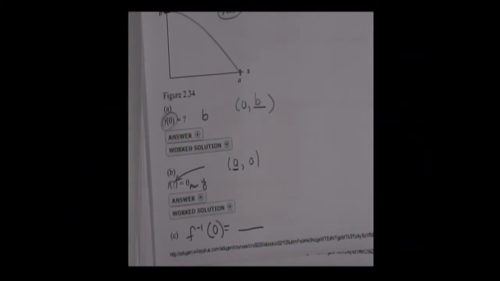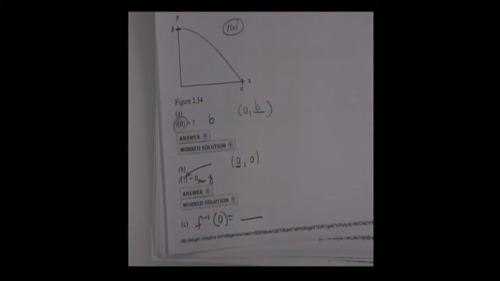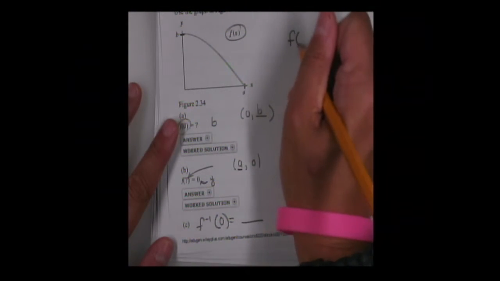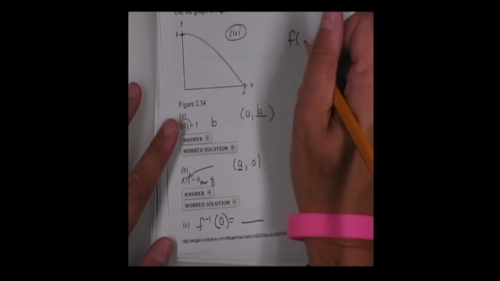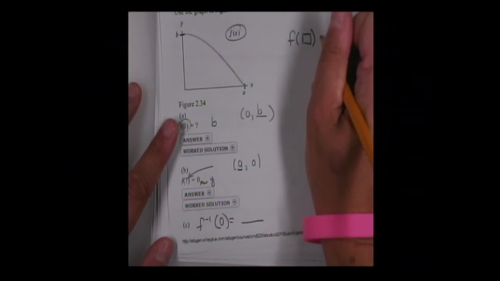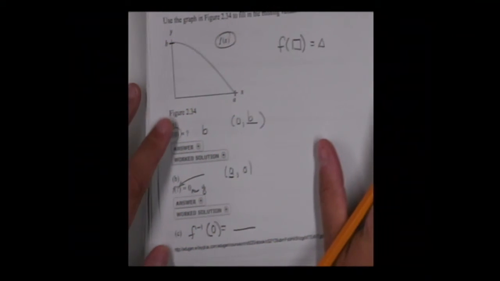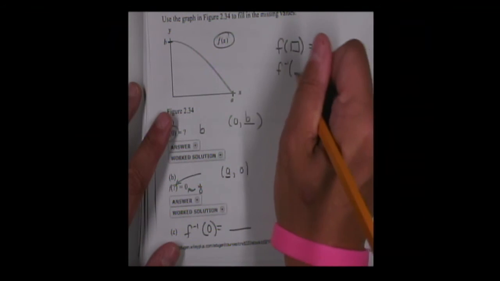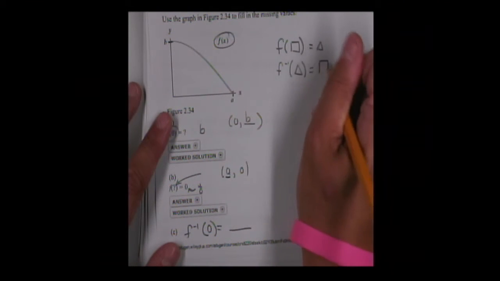And again, I could draw the inverse, but I don't really need to draw the inverse. What I know is if I'm given the f function, if I know f at box equals triangle, that tells me f inverse of triangle equals box.